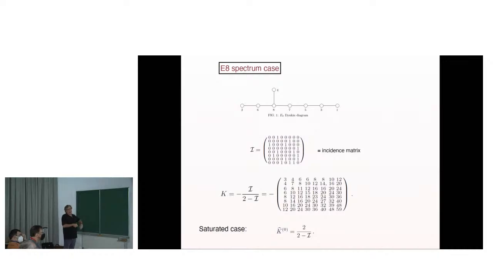Remember, the big K are the integrated kernels. So they're known, because we know the S matrices for this chi. And it takes this form. So you have this funny matrix of integers. But this is known, okay? All right. Remember, the saturated case is K hat 0 is 2 over 2 minus I.